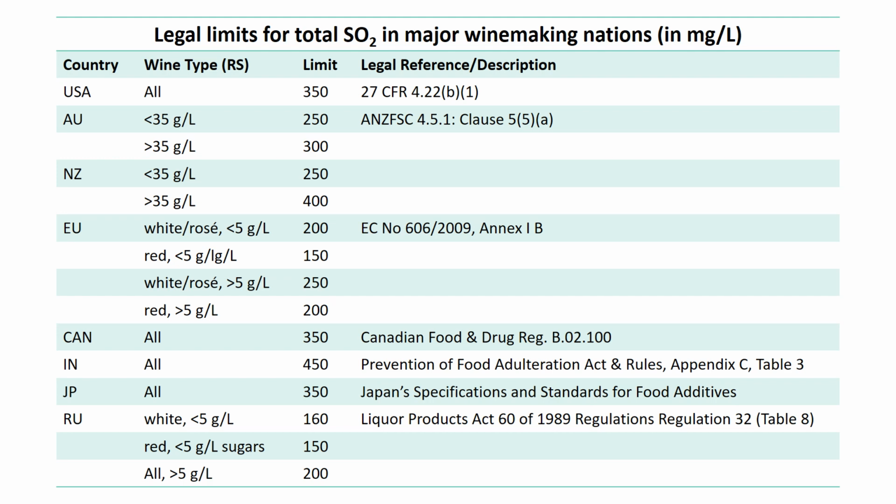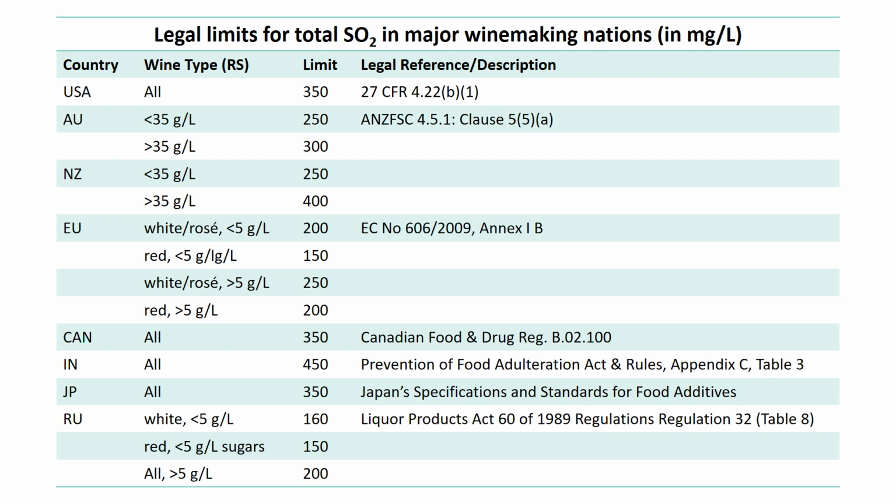So let's take a look at the European Union. They have a really great comprehensive list here, and they break down their different wine styles and give them different total sulfur dioxide limits. And this makes a lot of sense from a winemaking perspective. So you can take a look here, and the white or rosé styles of wine that are less than 5 grams a liter of residual sugar, they have a legal limit of 200 milligrams a liter.